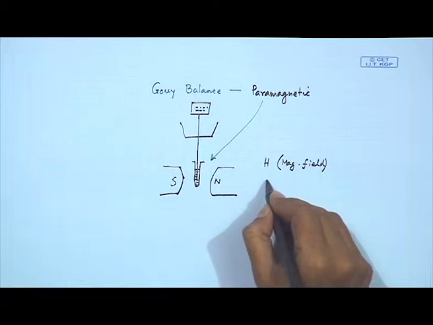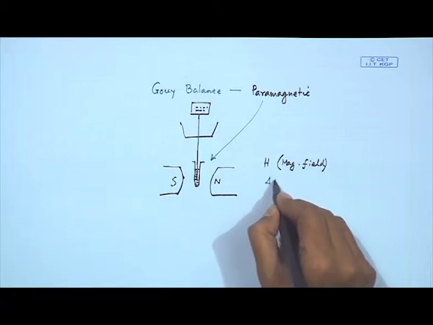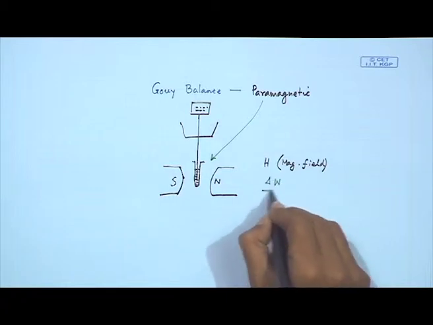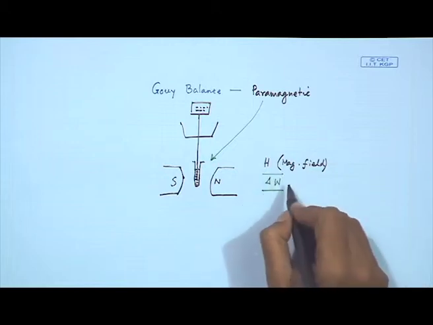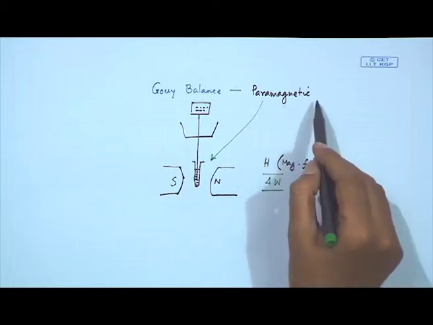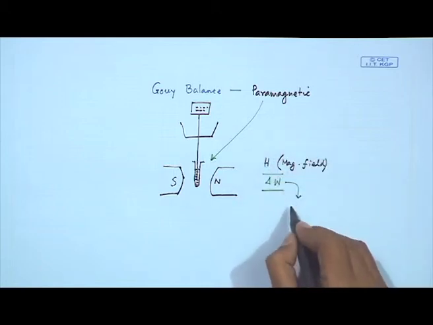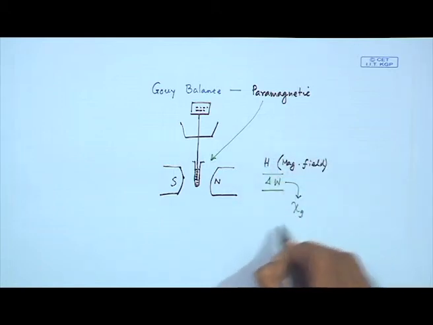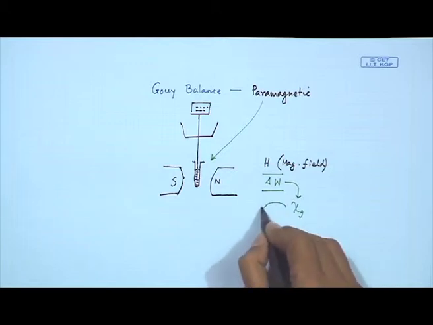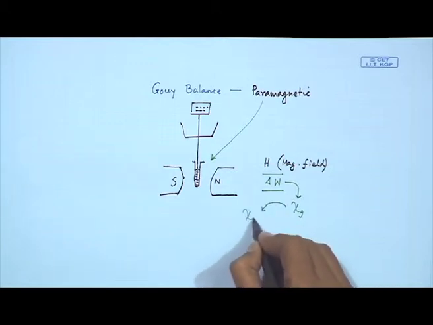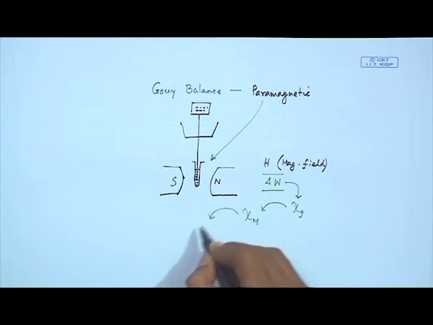So, we take the change in the weight, delta W. So, delta W will be the corresponding paramagnetic property, which can be converted to the chi g value, the gram susceptibility value, and then it can be converted to the chi m value and then to mu effective.